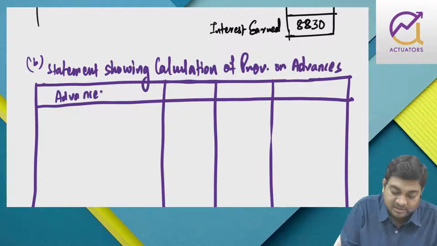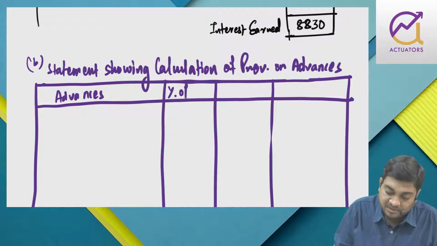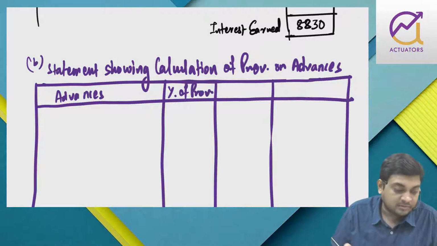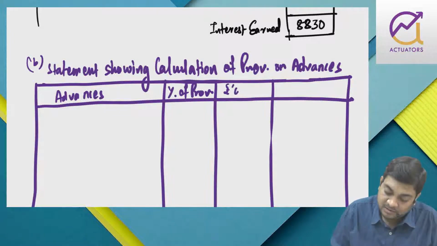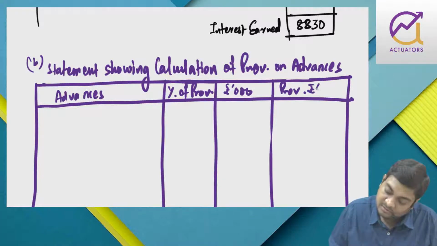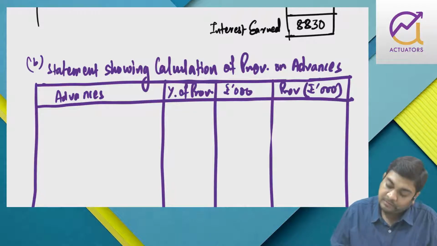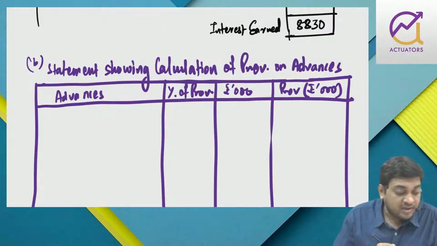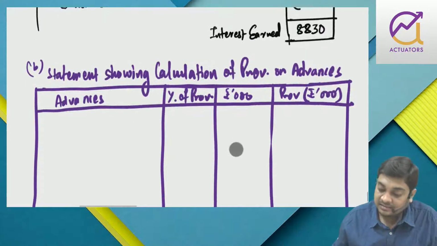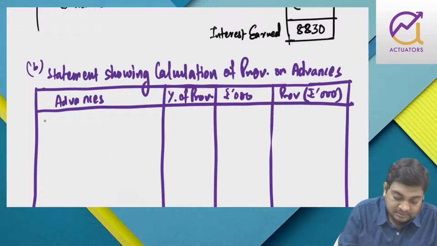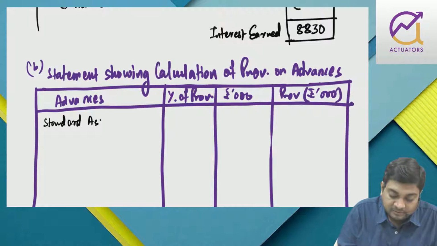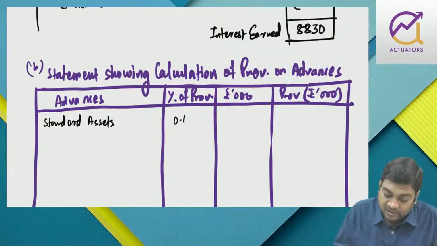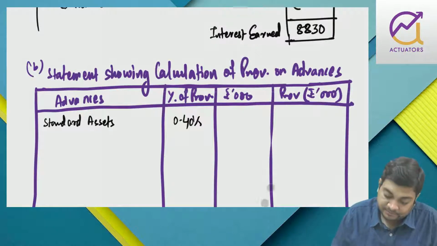First we have advances, then percentage of provision, then outstanding amount, and then provision. Right? So first we have standard asset. It is 0.40%.